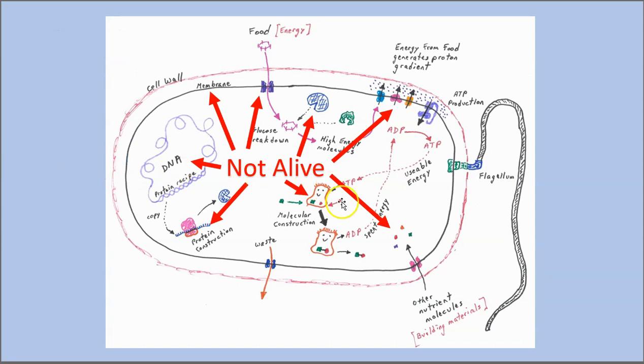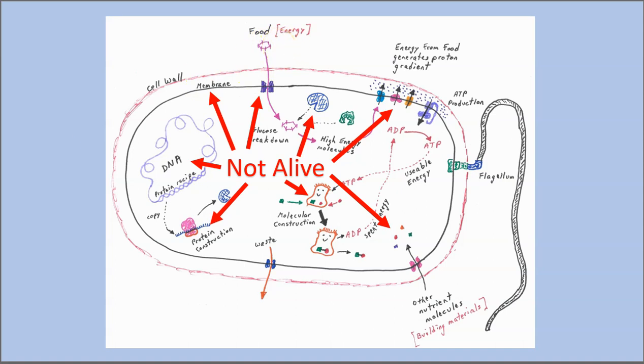Now, it should be pointed out that the cell is composed of molecules which are not alive. None of the proteins in this picture is a living thing. DNA is not alive. The lipids in the membrane are not alive. Glucose molecules are non-living.